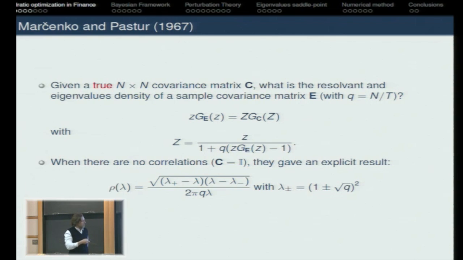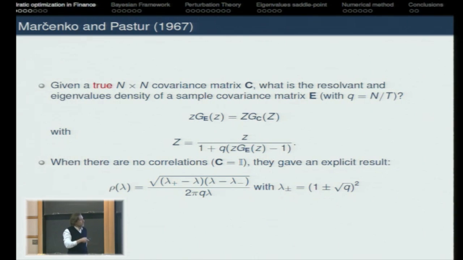This is easy to solve numerically with complex numbers, so that's why I like this formulation. Of course, what's known as the Marcenko-Pastur distribution is the case when the true covariance matrix is the identity. Then you can do this very explicitly, and you find this density of states, which has a minimum and a maximum eigenvalue that depend on q.